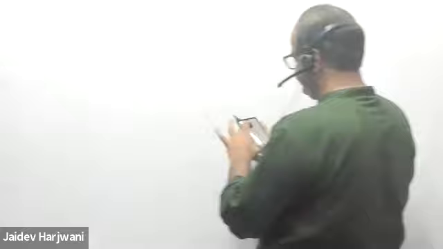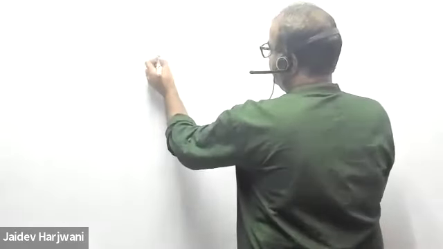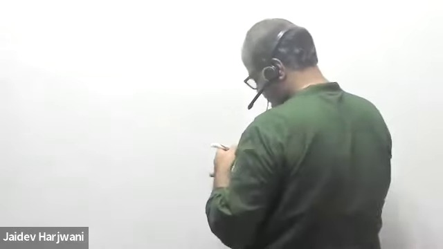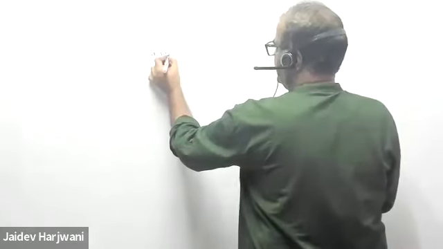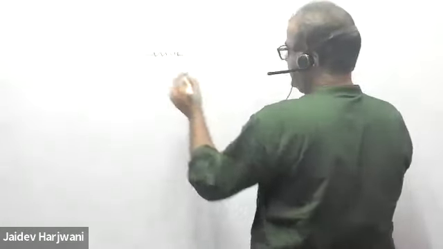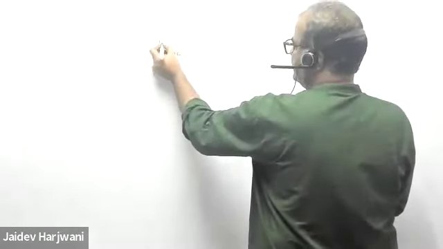The next question is, say, your Zener diode. R is given 125 ohm.